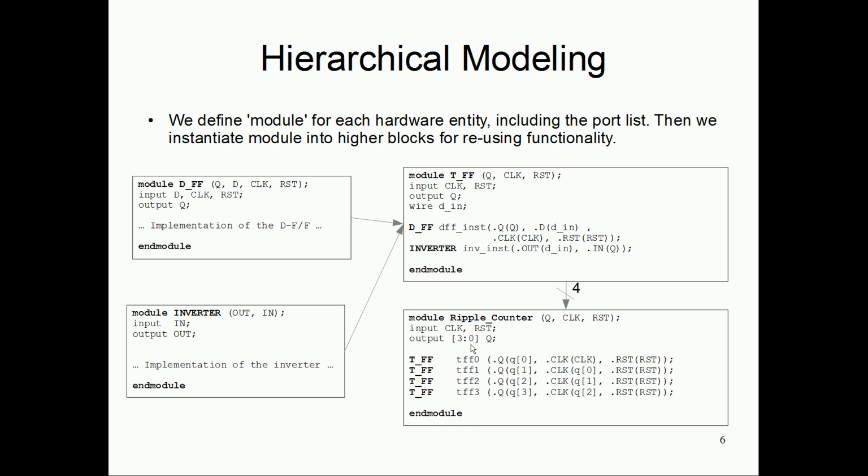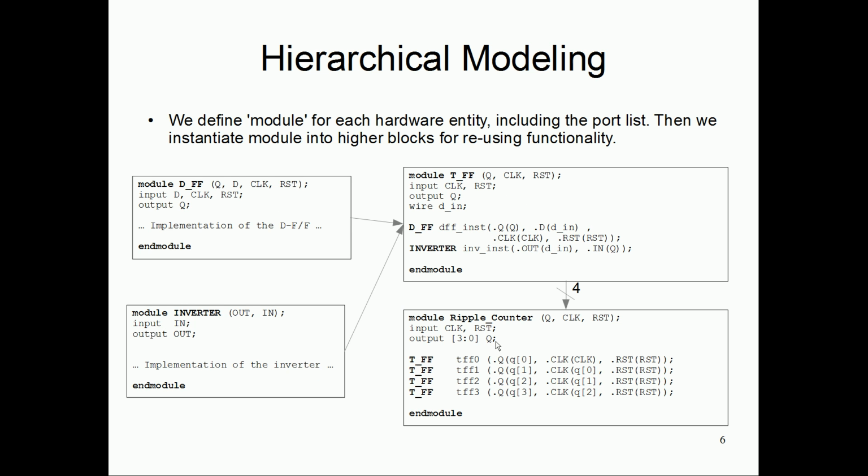Within the square braces we have 3:0, which means this is a multi-bit bus, or multi-bit signal, with a width of 4 bits, indexed from 0 to 3. So 0, 1, 2, 3. We can refer to the individual bit as Q of that index number.